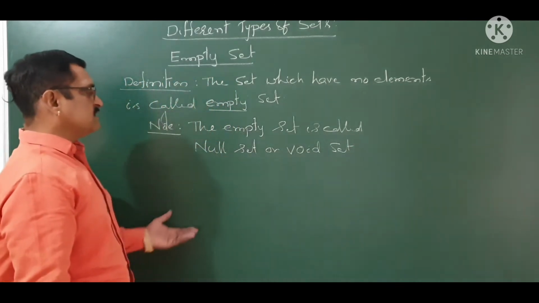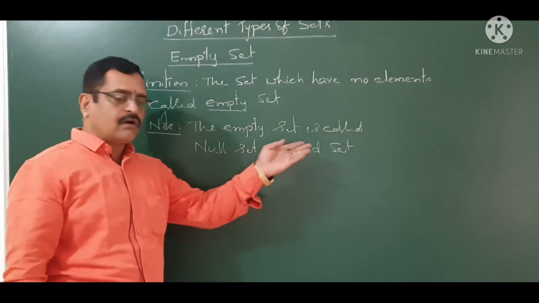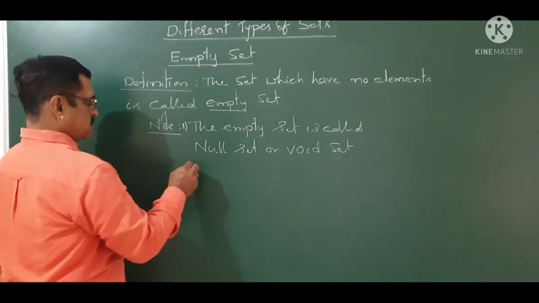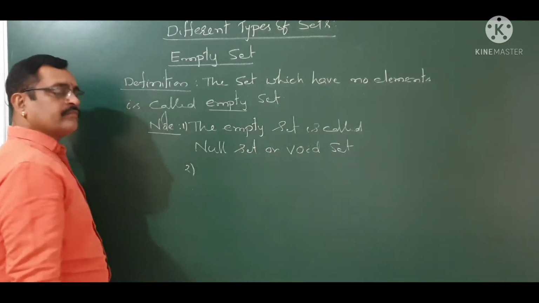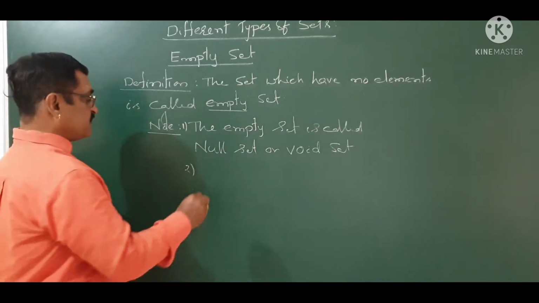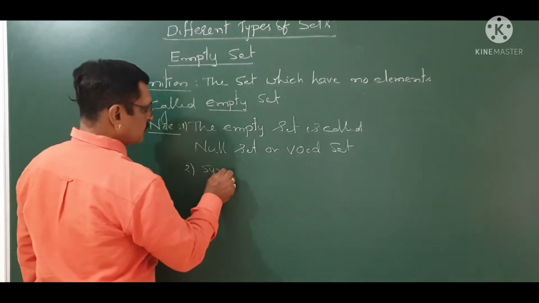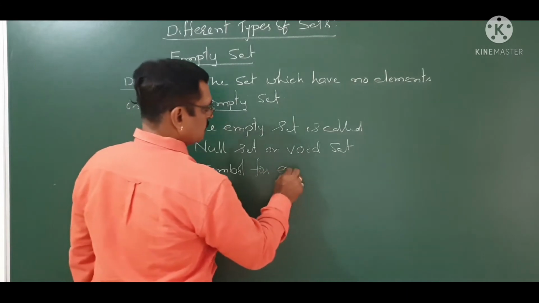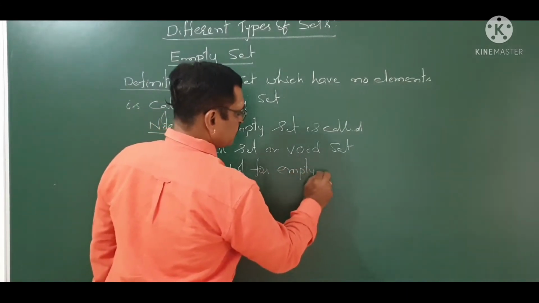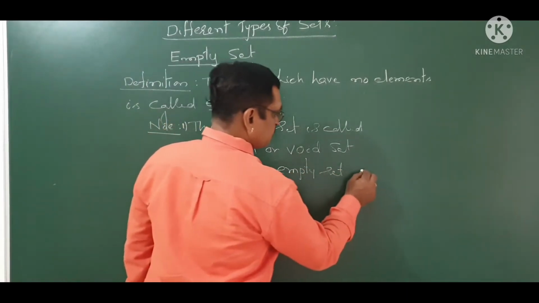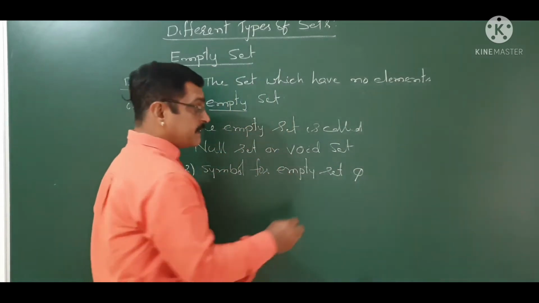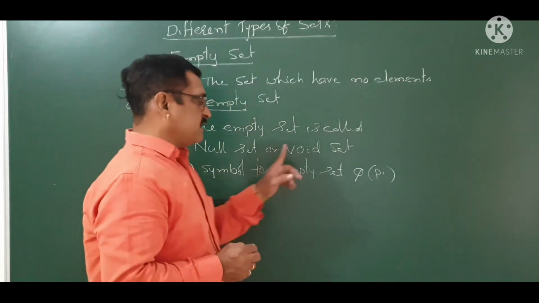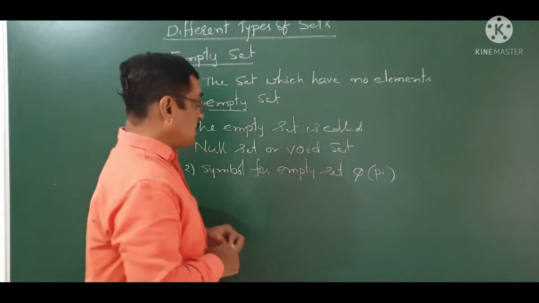You can call this as either empty set or null set or void set. Now, in most of the textbooks, the empty set is denoted by the symbol phi.